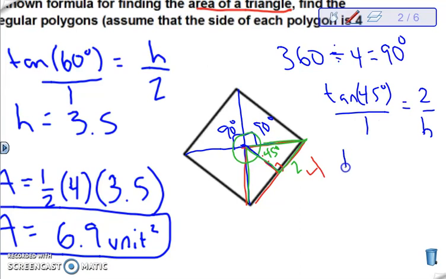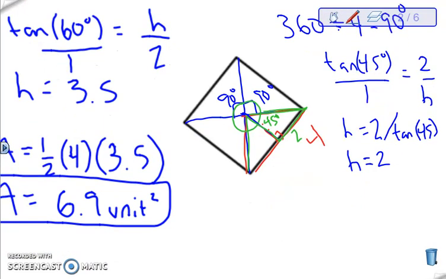So the height is going to be 2 divided by tangent 45. So if I type that in my calculator, I get that h equals 2. Again, we could have used special triangles to do this, but we want a method that's going to work all the time, not just some of the time.